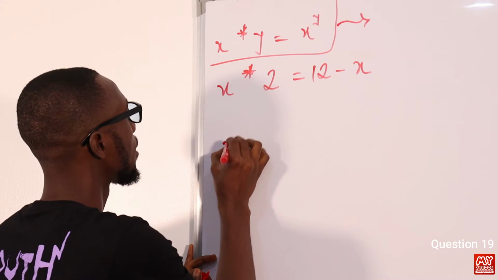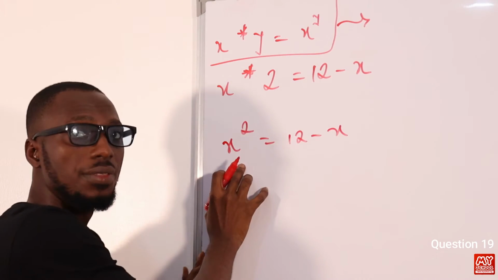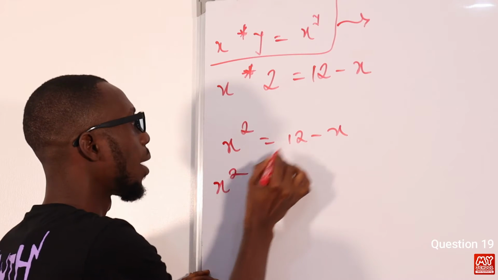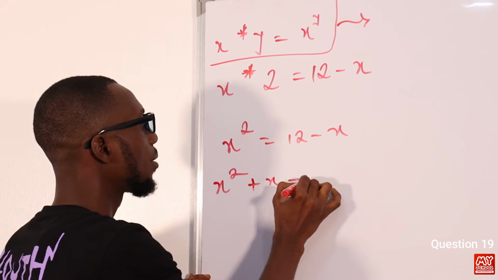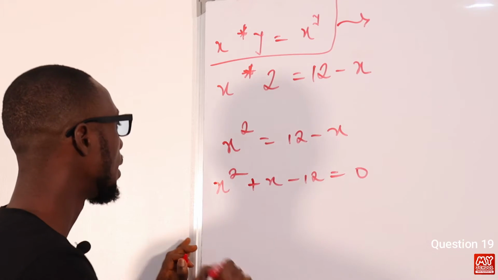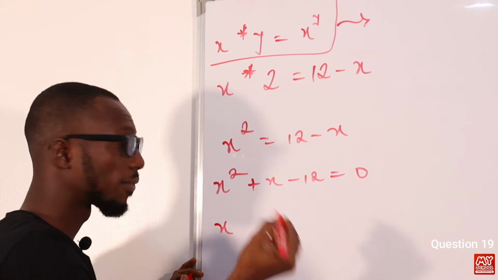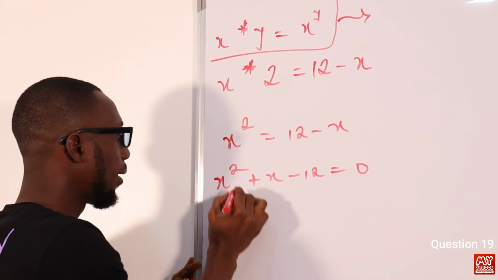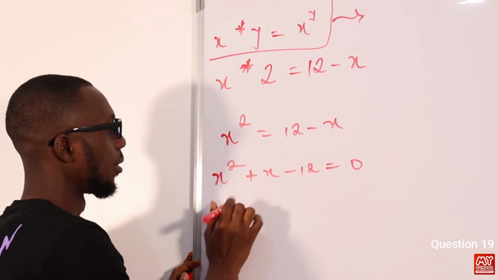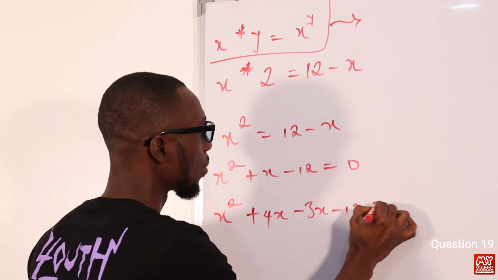So what I should have is x raised to power 2 equals 12 minus x. All right, we move this inside. So we are going to have x squared plus x minus 12 equals 0. Okay, when we factorize this, let me show you what I mean. That will be x squared plus 4x minus 3x minus 12 equals 0.